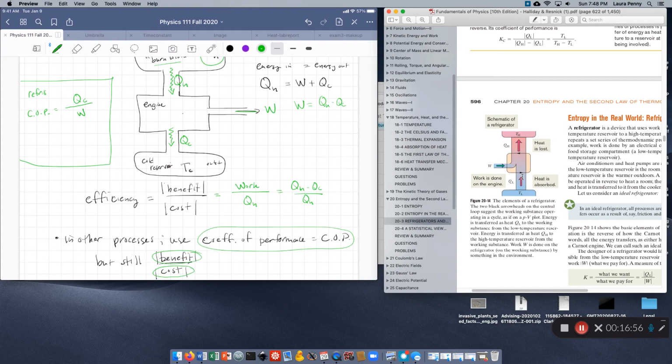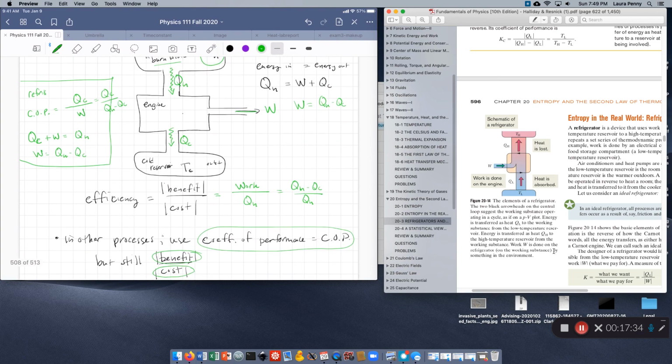Since our relationship of energy was that QC plus work equals QH, I can rewrite work as being QH minus QC, and so I can end up with the coefficient of performance as QC over QH minus QC. And again, you end up with this very specific relationship here.